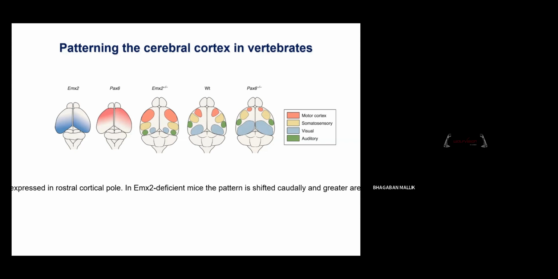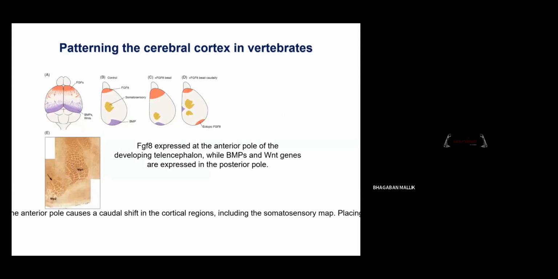Okay, so I talked about the genes required for forebrain development. Then we are going to talk about the signals required for brain development. You require two distinct sets of signals for anterior and posterior development. For the posterior development of the forebrain, you require BMP and WNT signals, and you require FGF for the anterior development of the forebrain.